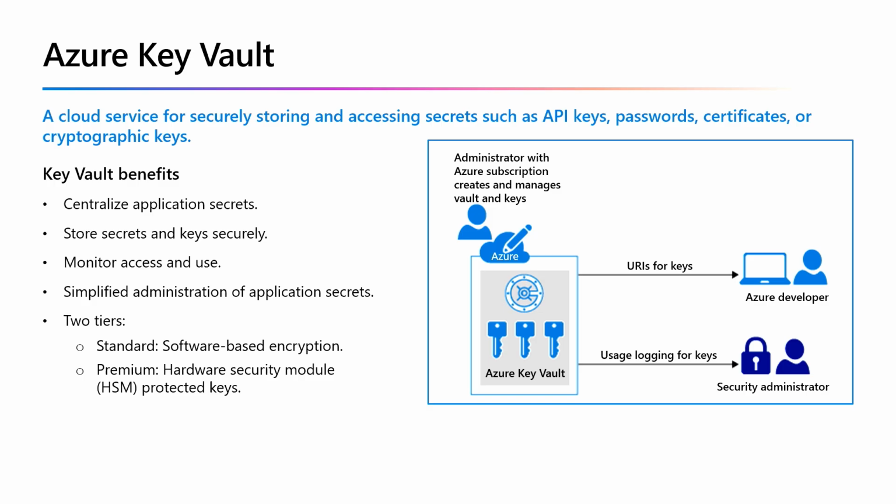Another benefit of using Azure Key Vault is that you can monitor who accesses your secrets and keys and what they do with them. Azure Key Vault has two service tiers: Standard, which encrypts with a software key, and Premium, which includes a hardware security module, HSM, to protect your keys.